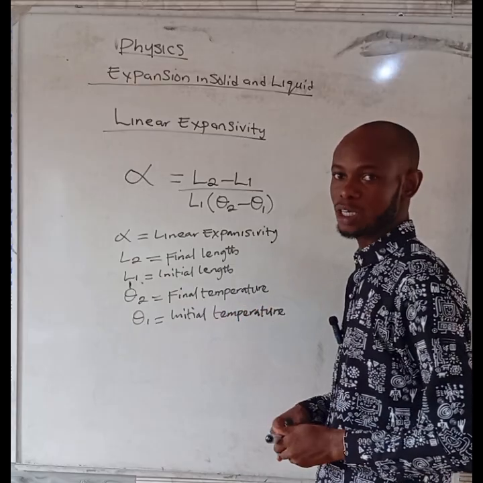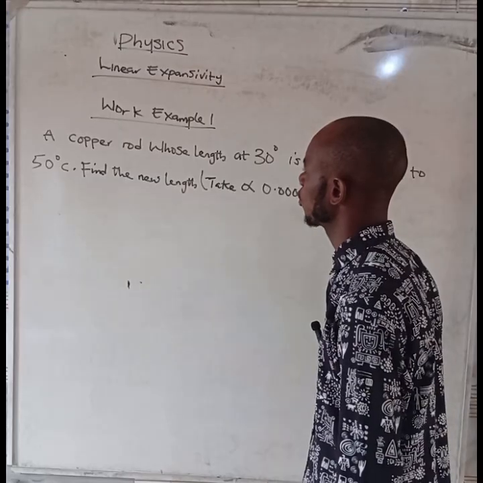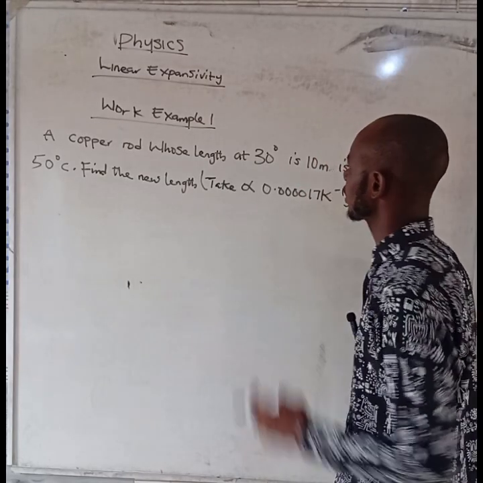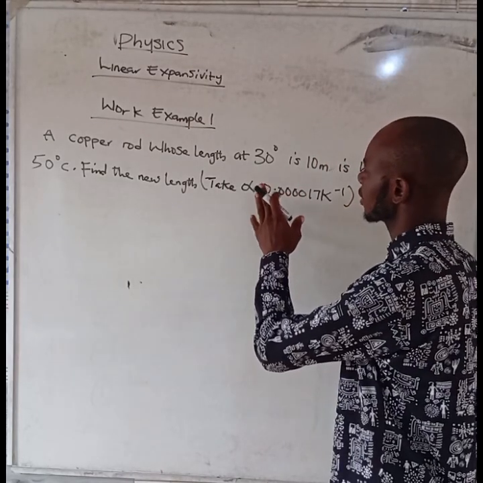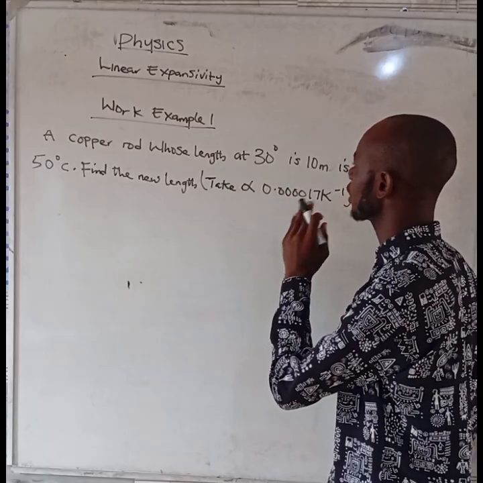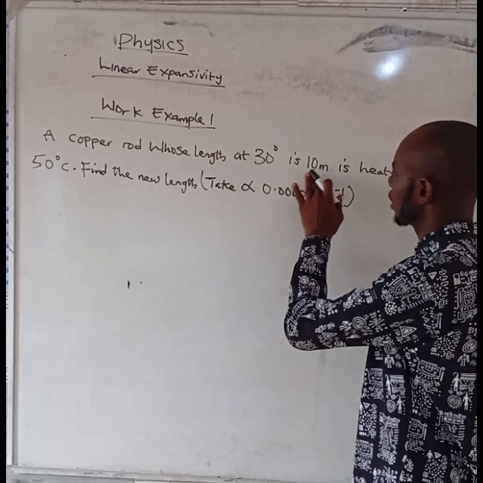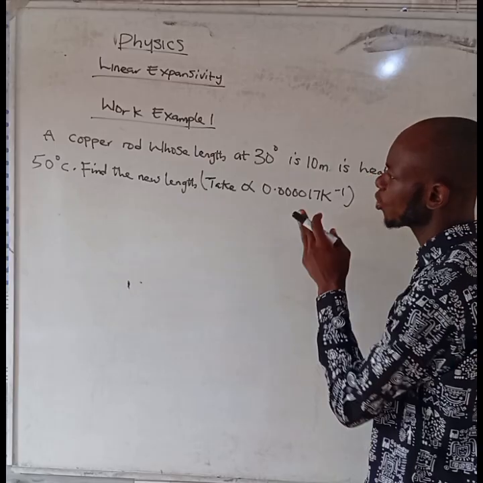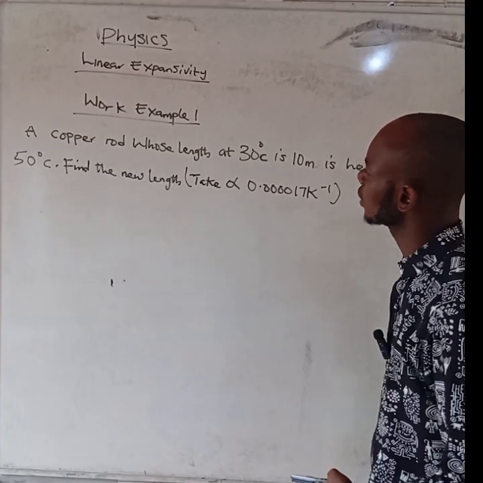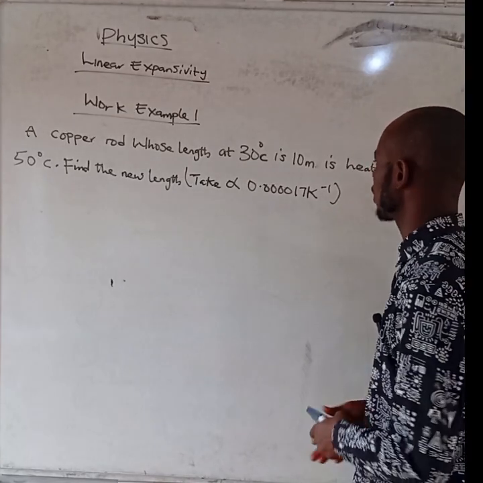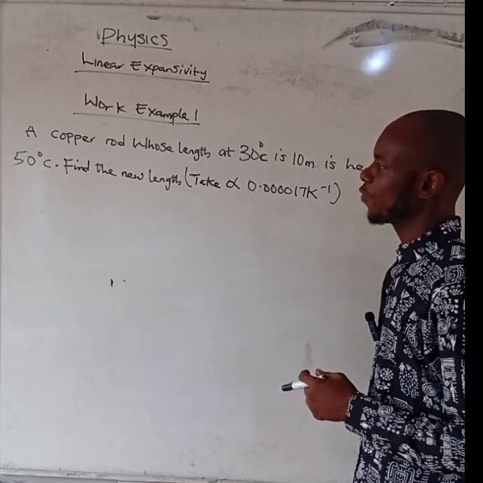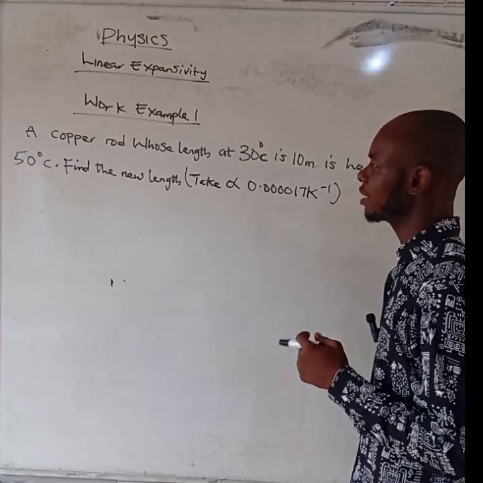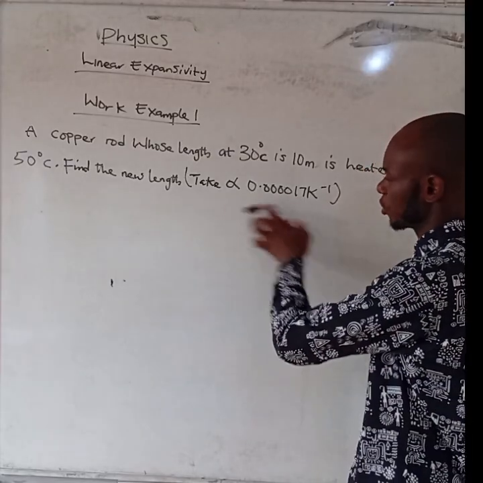So the next thing we'll be looking at is a worked example. A copper rod whose length at 30 degrees centigrade is 10 meters is heated to 50 degrees centigrade. Find the new length. Take alpha to be this value.